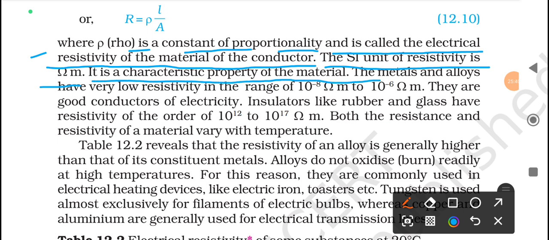The SI unit of resistivity is ohm meter. It is a characteristic property of the material.